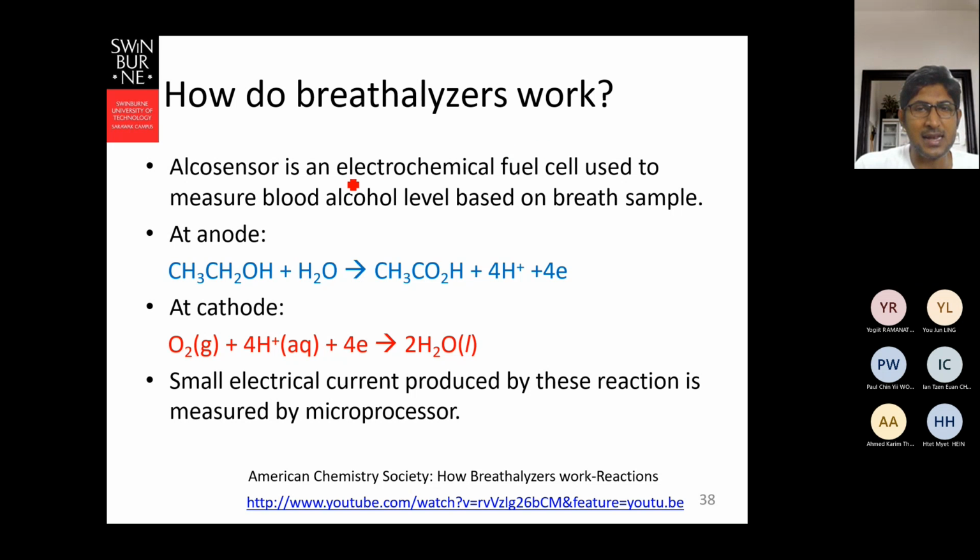They use a breath analyzer, which is a very strong instrument. You have to breathe into it. This is an alcohol sensor inside the breath analyzer. It is actually working as a cell, a different kind of fuel cell. The fuel cell is a very good area of research nowadays because of the energy crisis.